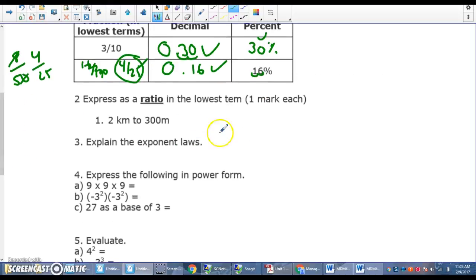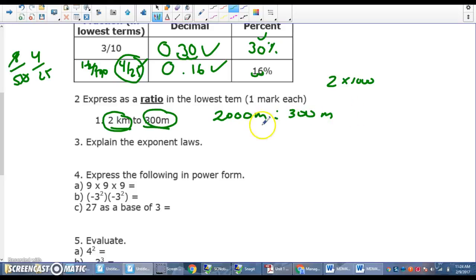Here, express this as a ratio in lowest terms. Just be careful here. This is the classic trick. 2 kilometers to 300 meters. Okay, so that's 2,000 meters. 2 kilometers times 1,000, because there's 1,000 meters in a kilometer. 2,000 meters to 300 meters.